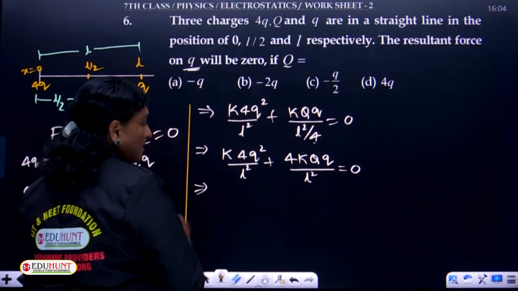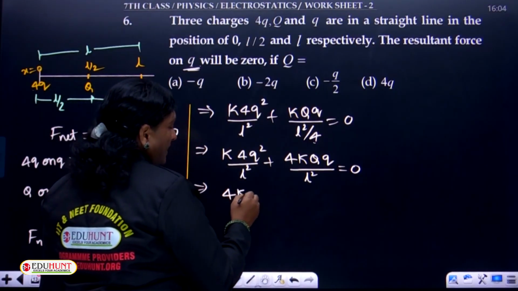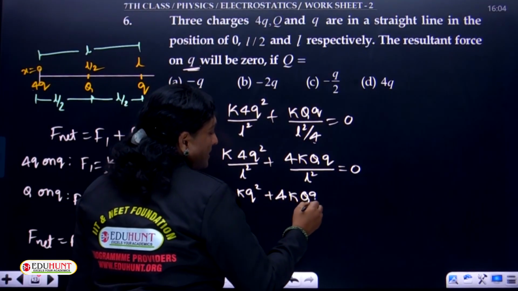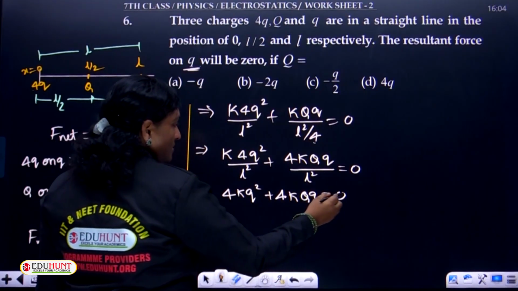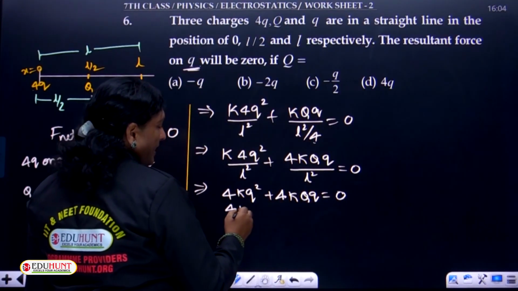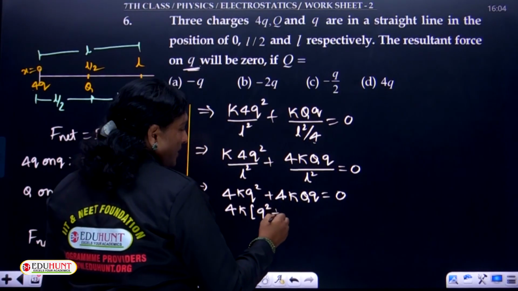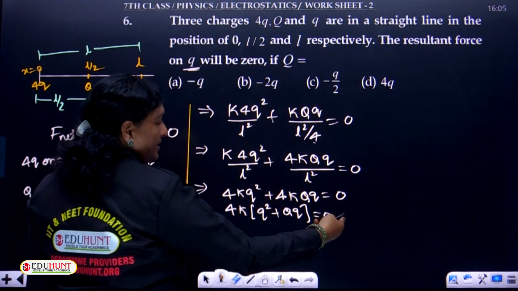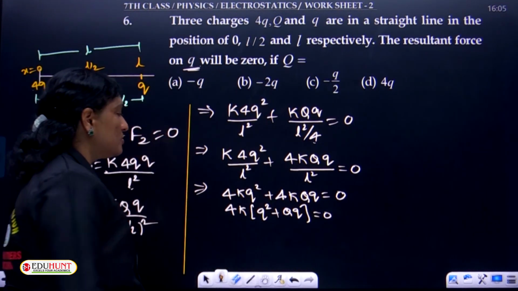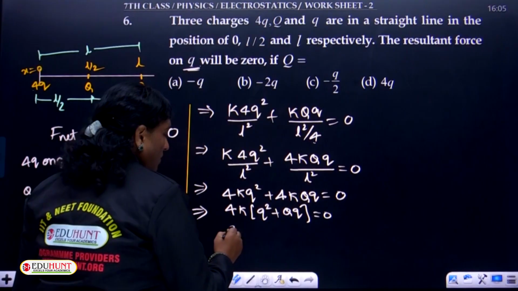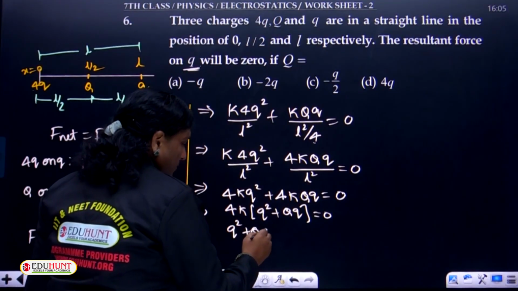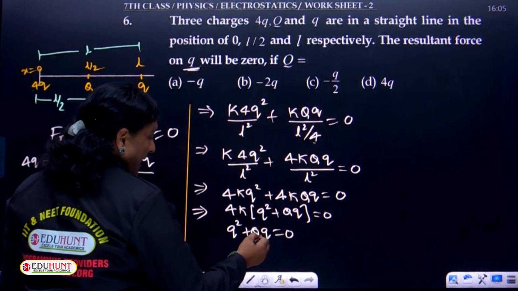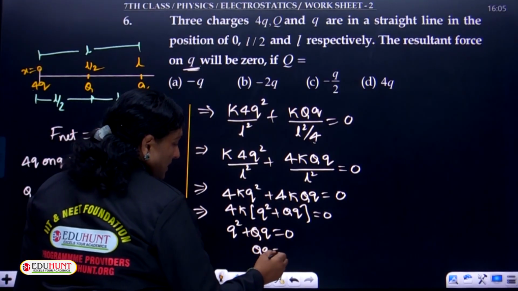Then this implies we have 4K Qq plus here also 4K capital Q small q equals 0. Together we have 4K as common, left over is Qq plus capital Q small q equals 0. 4K taken to the other side, this will become 0 by 4K equals 0, or Qq plus Qq equals 0.